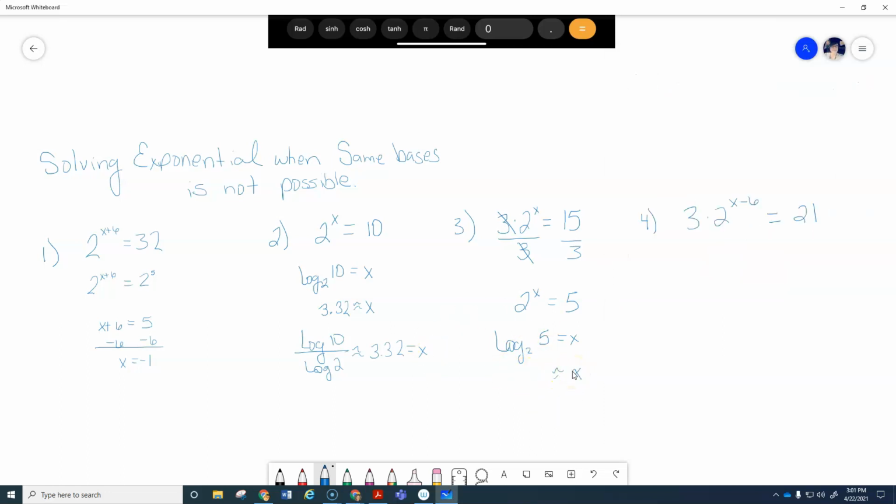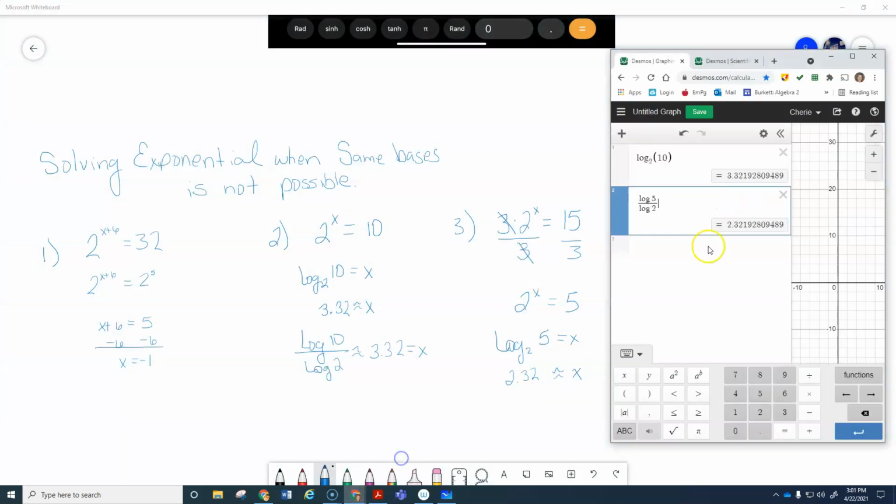So x is about 2.32. And of course, the only advantage to doing that is that you don't have to go to the functions. I meant to do this: Functions, and then log base 2 of 5 ends up being 2.32.